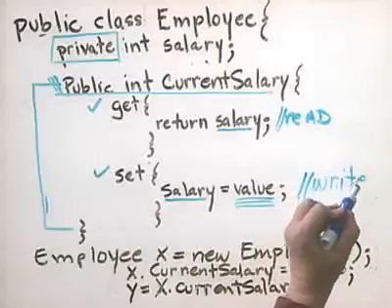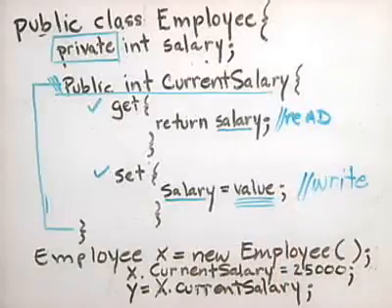Let's take a look at creating an instance of the employee class. Here I have an instance. X is the reference type. And in that first line, what I've done is I've called the property. Remember that a property is merely a method. It's a special type of method.